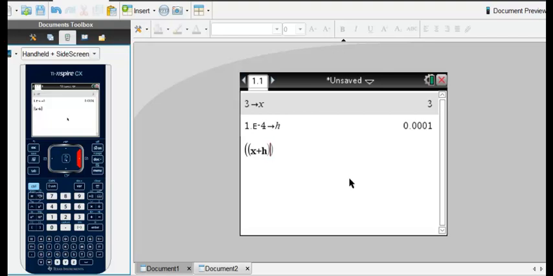to the power 2 times parentheses x plus h.